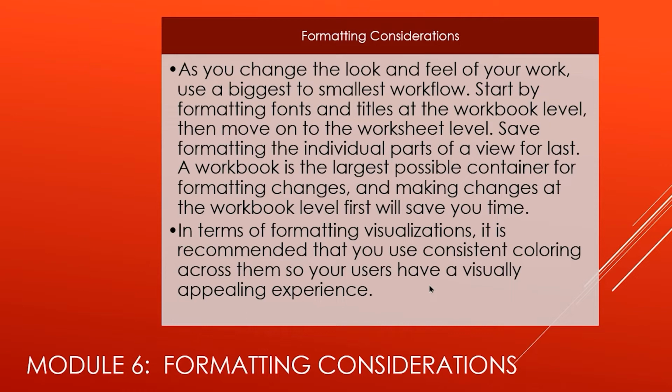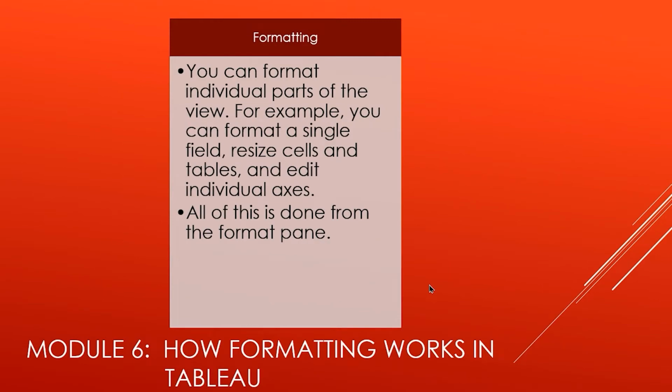In terms of formatting visualizations, it is recommended that you use consistent coloring across them so your users have a visually appealing experience. As stated on the previous slide, you can format at the workbook level and the worksheet level. That's going from the largest inwards to the smallest parts, which are the individual parts of the view.